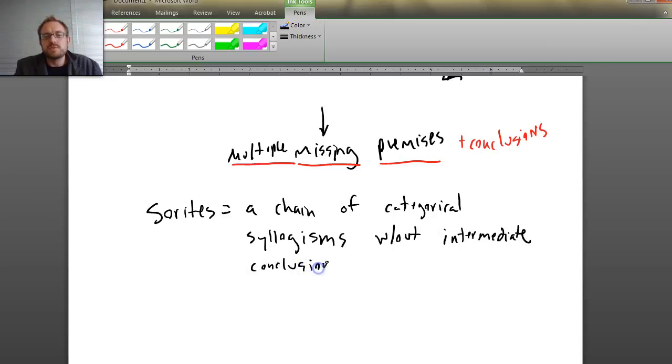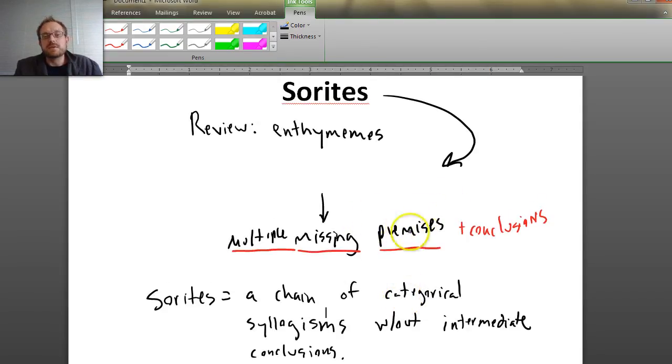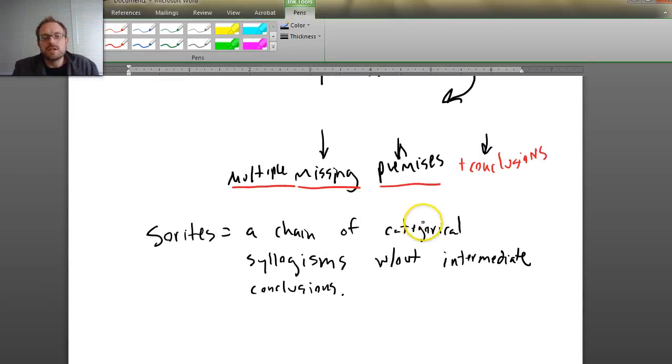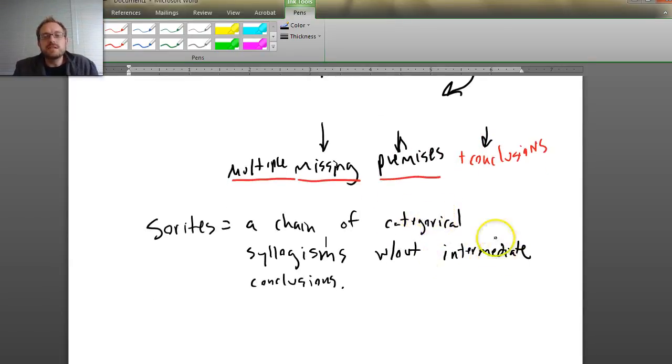Now, when we looked at enthymemes, mainly we were talking about premises that are missing or conclusions that are missing. When we talk about Sorites in categorical logic, we're going to discover that each intermediate conclusion functions as an intermediate premise. So we're still talking about premises and conclusions.